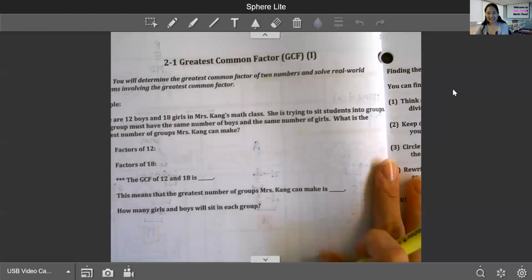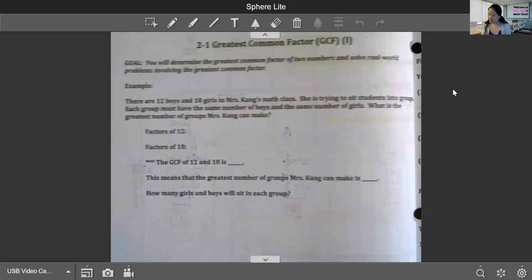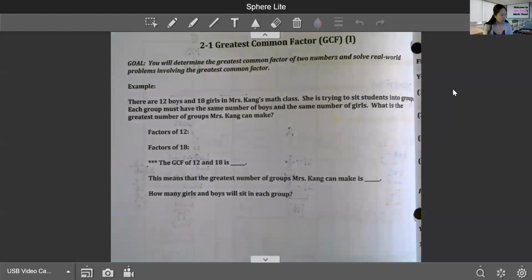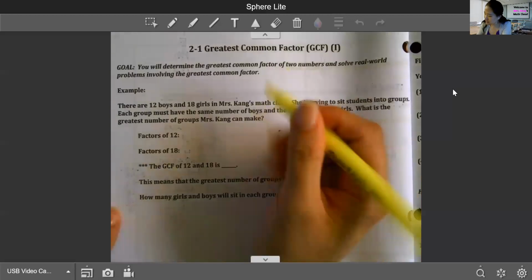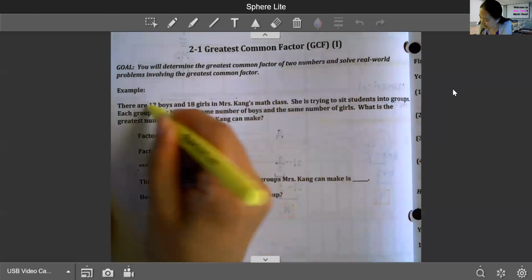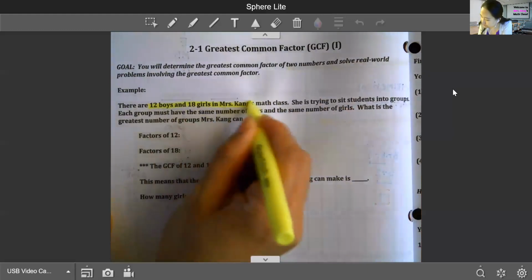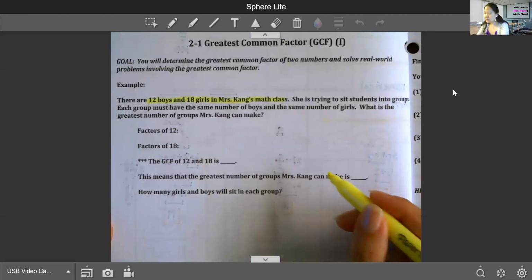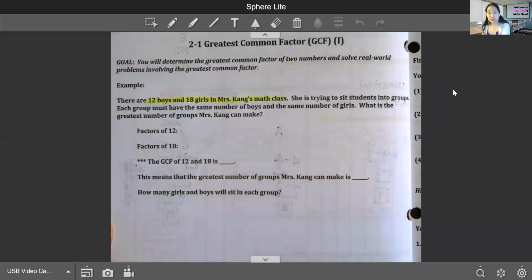Okay, so let's begin. I have two examples here. There are 12 boys and 18 girls in Mrs. Kang's class. She's trying to sit students into groups.